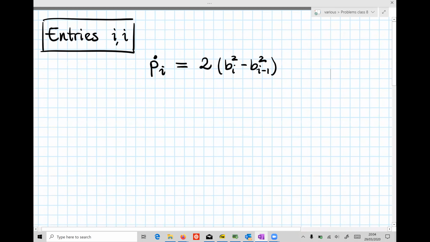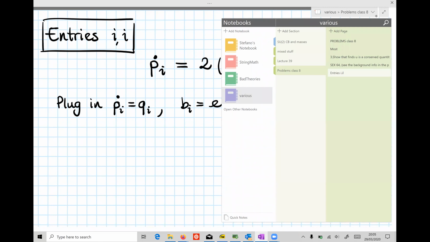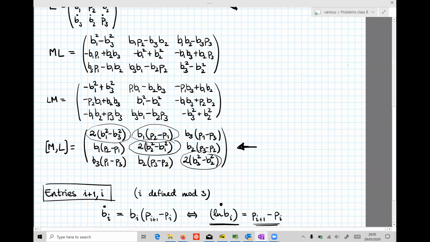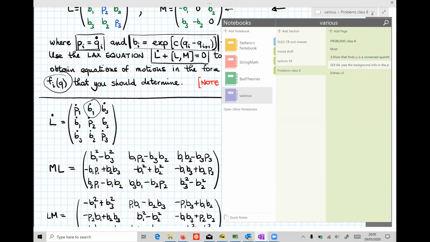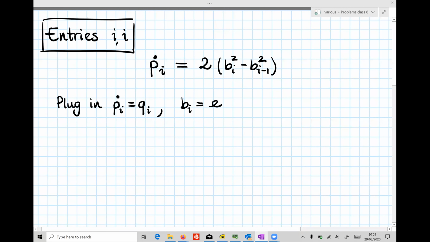And then we plug in again P_i dot equal to Q_i double dot, and b_i was exponential of c, which is minus 1, times (Q_i minus Q_{i+1}). So that's Q_{i+1} minus Q_i.